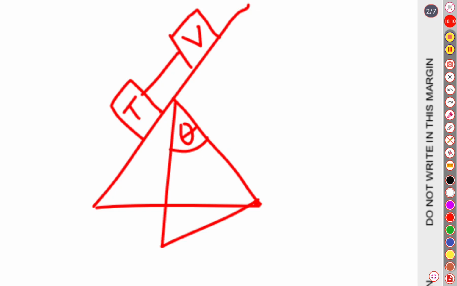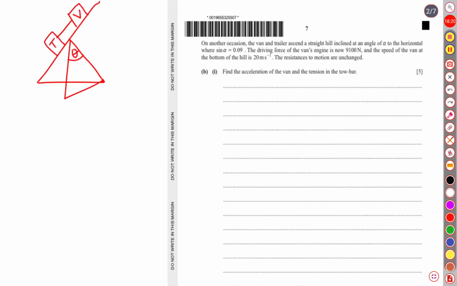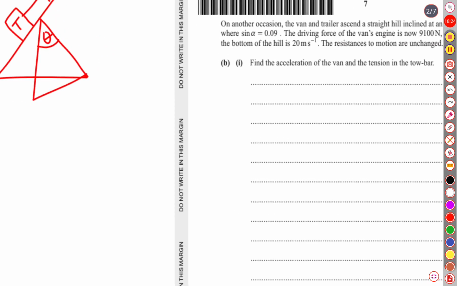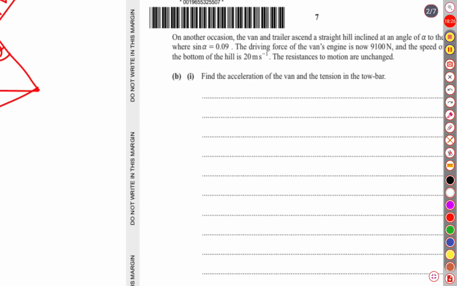This is the trailer. So the concept we are going to apply is exactly the same as the previous one. What will be our concept? The concept of Newton's laws of motion. So first of all, let us find the acceleration of the van and the tension in the tow bar. We can start with the van.